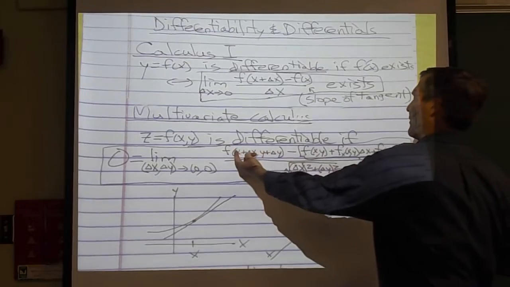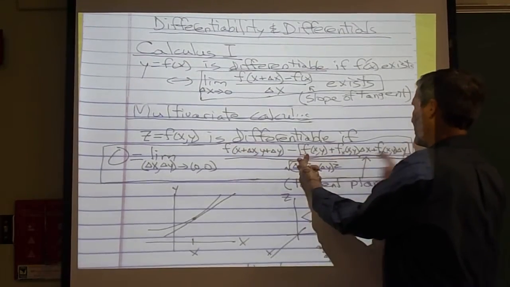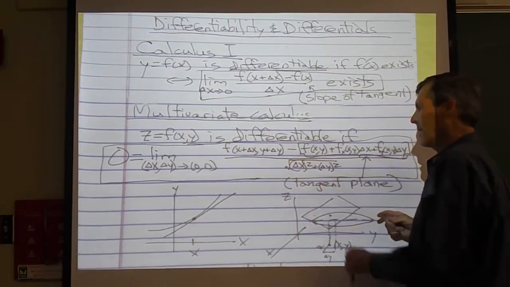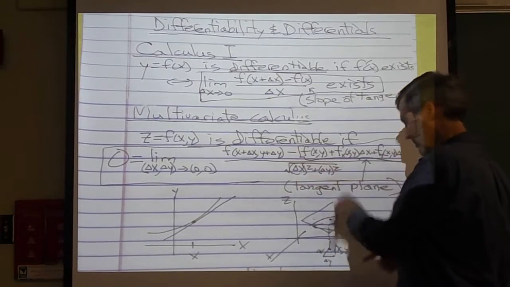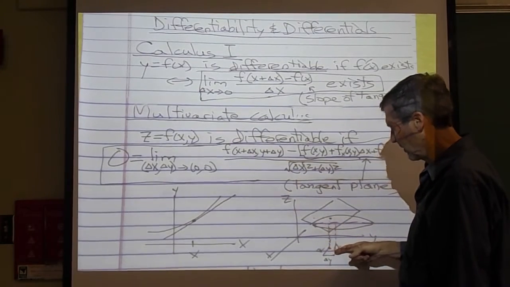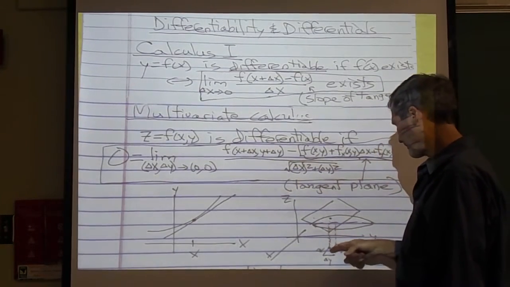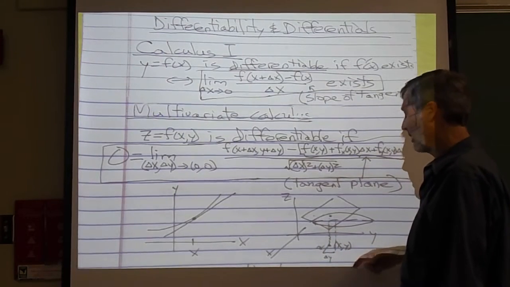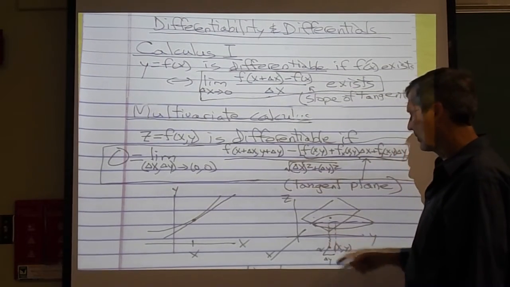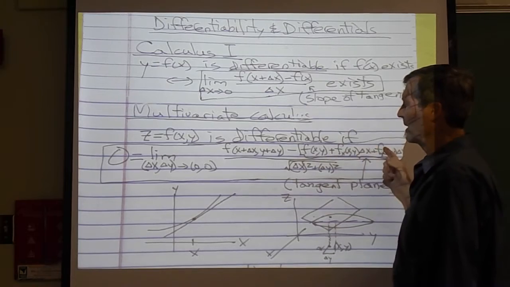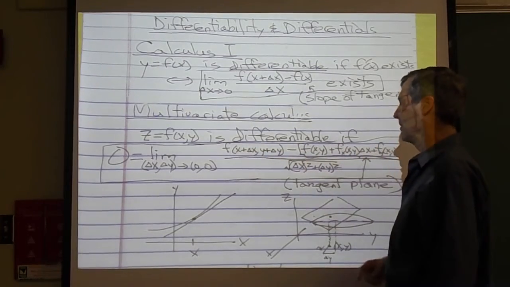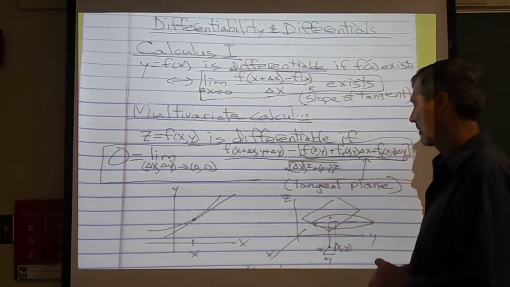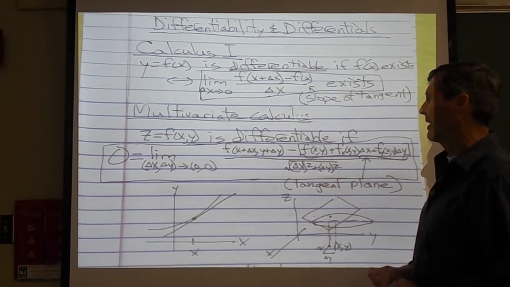It says if the value of the function at the point minus the tangent plane approximation at the point, divided by the distance between this point and this point in the xy plane, goes to 0 as you get closer and closer, then this tangent plane is really a good approximation to the value of the function. So we say f is differentiable.